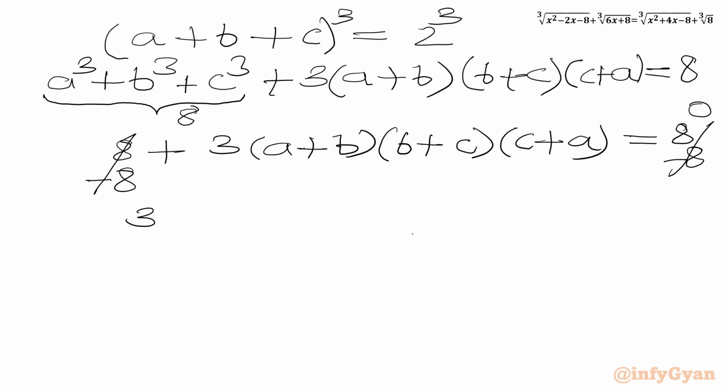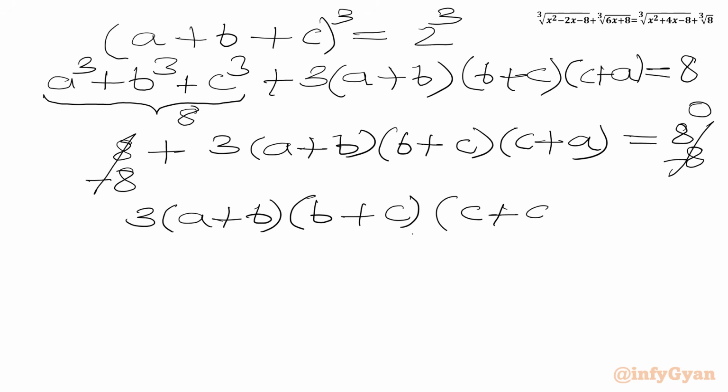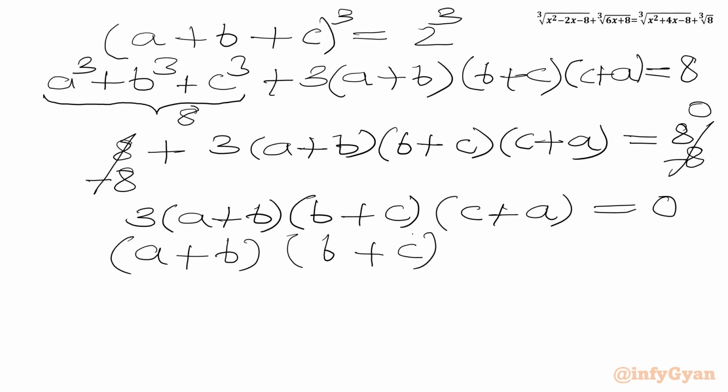LHS will be 3 times (a plus b) times (b plus c) times (c plus a) equal to 0. Or we'll write (a plus b) times (b plus c) times (c plus a) equal to 0.